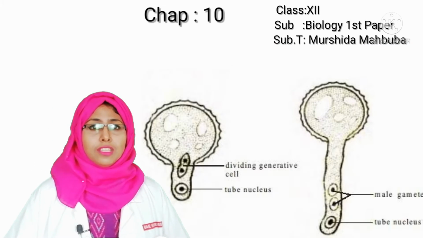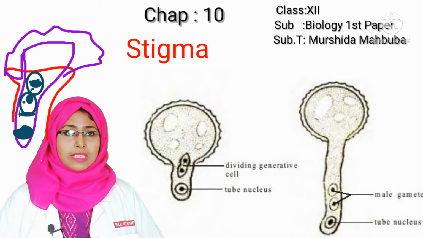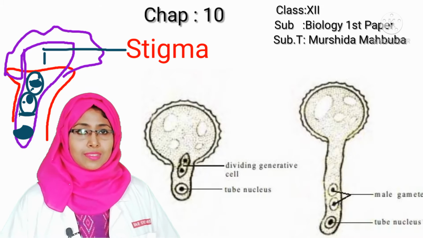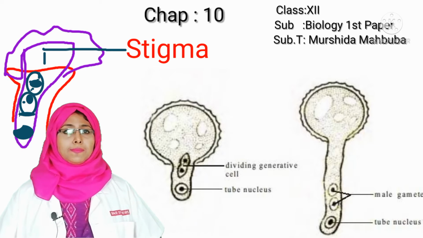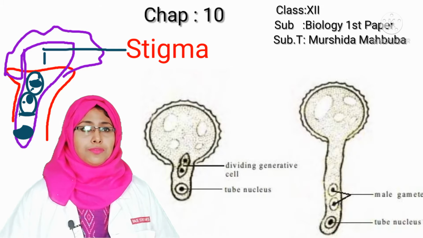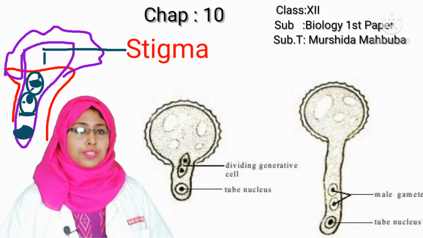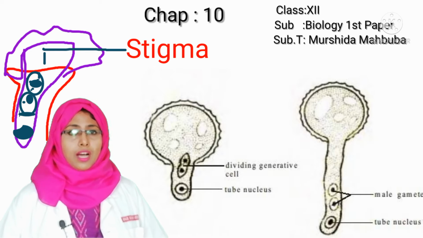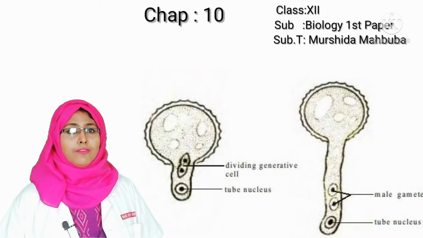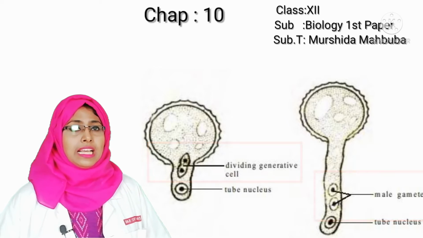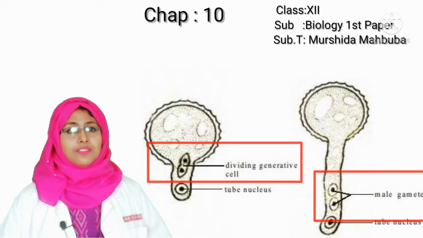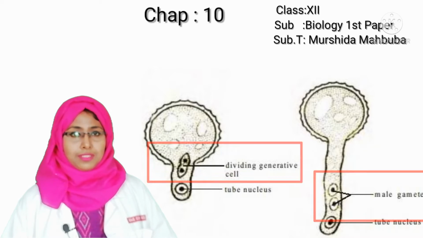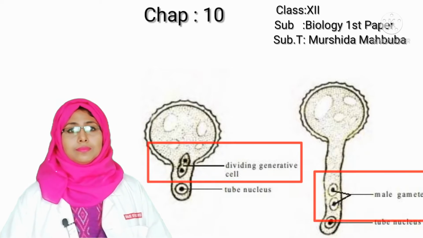The further development of the male gametophyte takes place upon the stigma of the carpel. The pollen grain expands by absorbing liquid from the moist surface of the stigma. The intine comes out in the form of a pollen tube from the germ pore. The generative nucleus divides mitotically to form two male gametes called sperms.